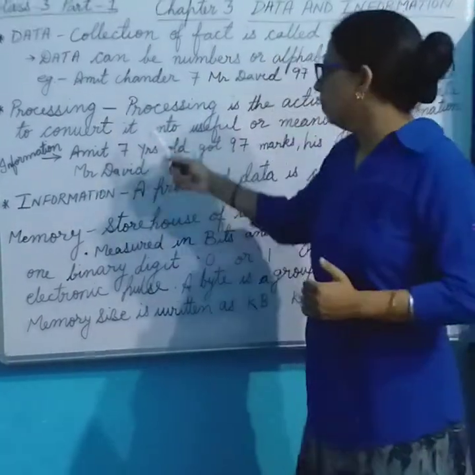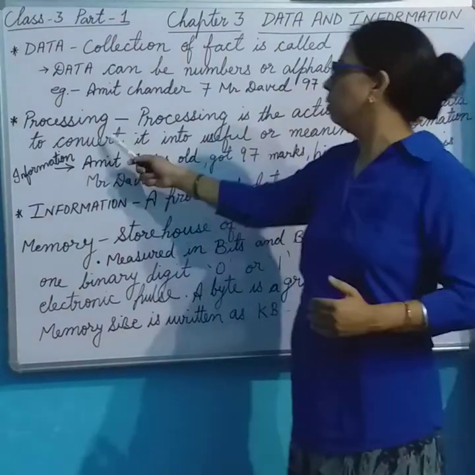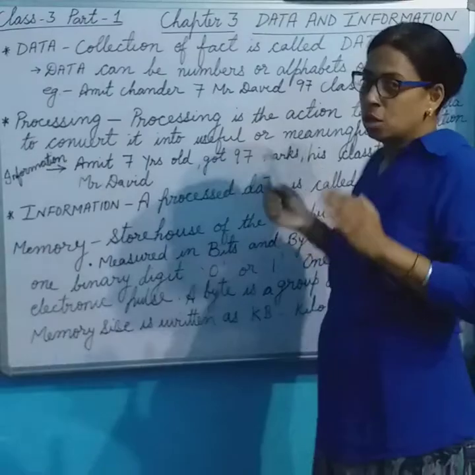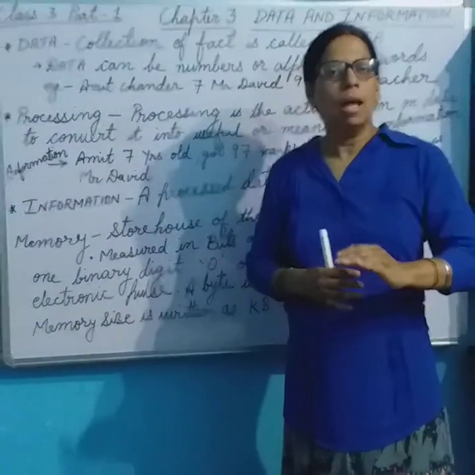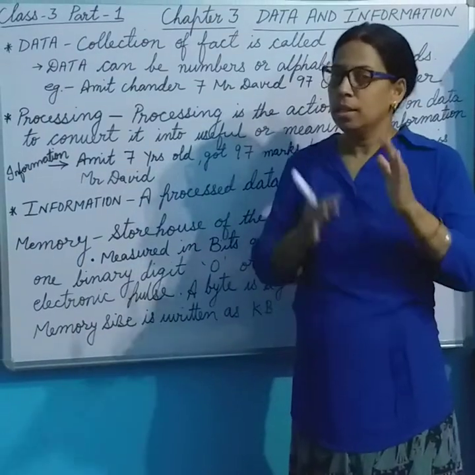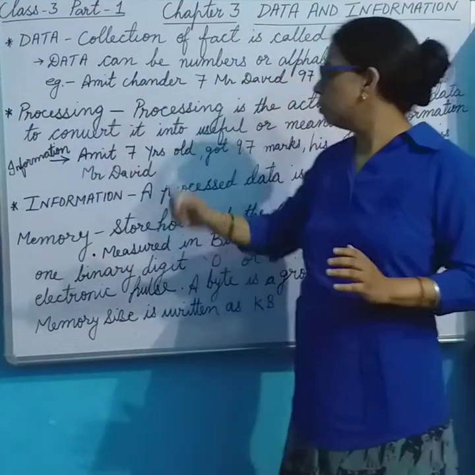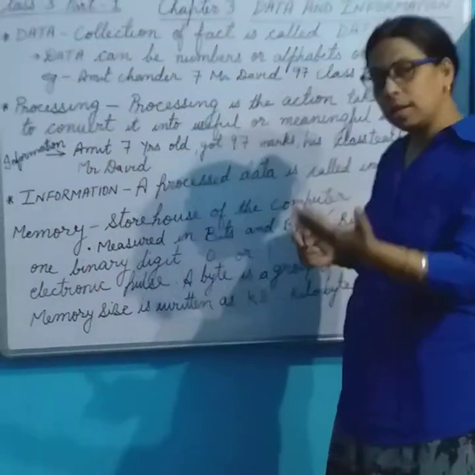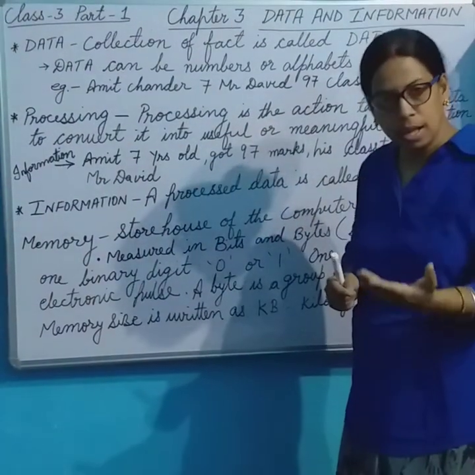Then the processing. What is processing? The processing is the action taken on data to convert it into useful or meaningful information. So the monitor took the facts, sat and then found the highest mark of the child. That was the processing done by the monitor. So the processing is the action which is taken on the collected facts, and the collected facts are the data.